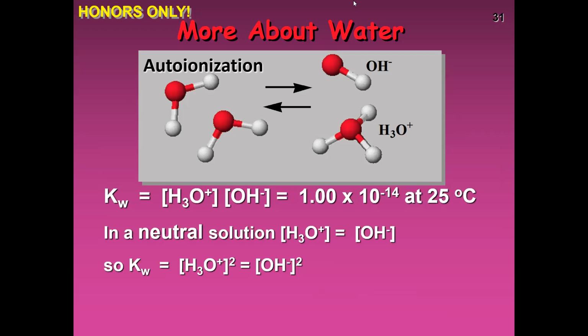We have the picture of the autoionization of water. And that's why it's known as an amphoteric substance, because it produces both requirements for acid and base.